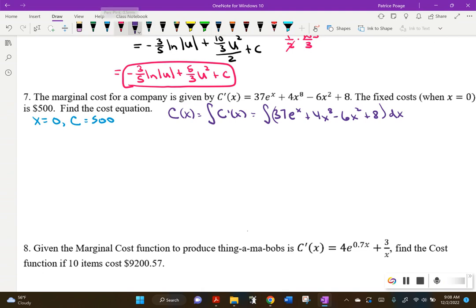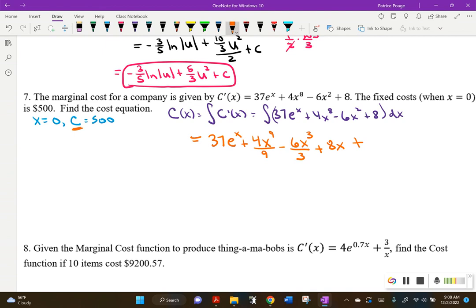Okay. So if I integrate that, I would get 37, the integral of e to the x is e to the x, plus 4x to the 9 divided by 9, minus 6x to the 3 divided by 3, plus 8x plus a constant.